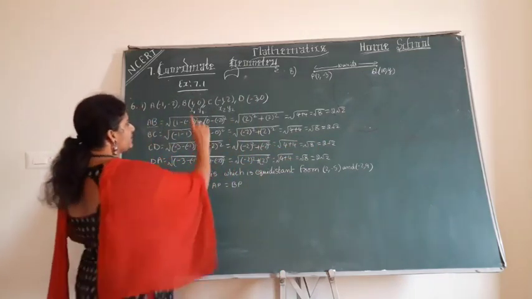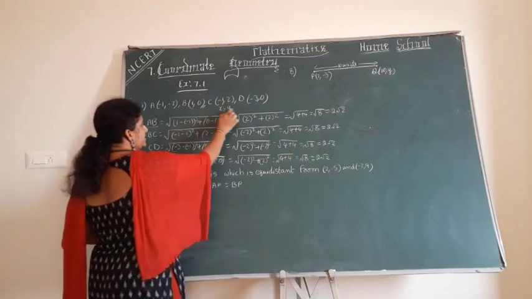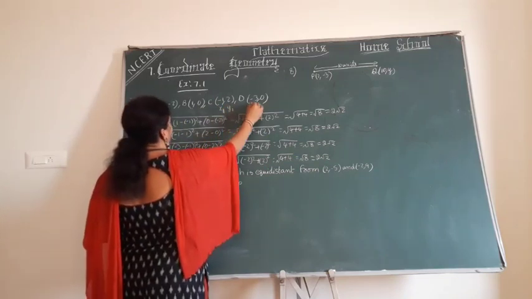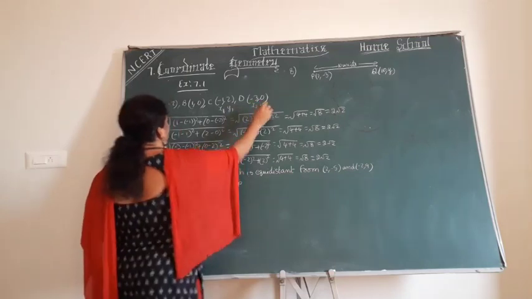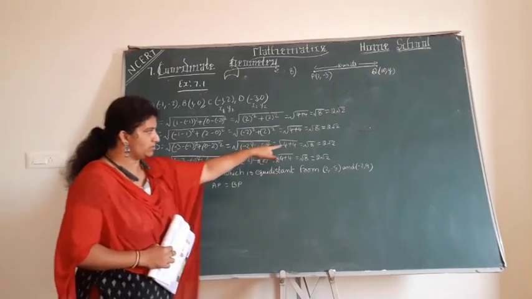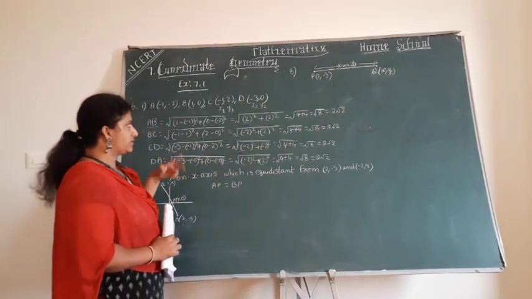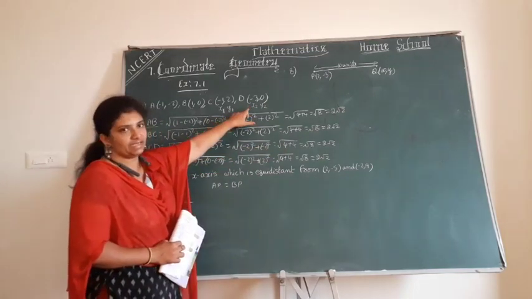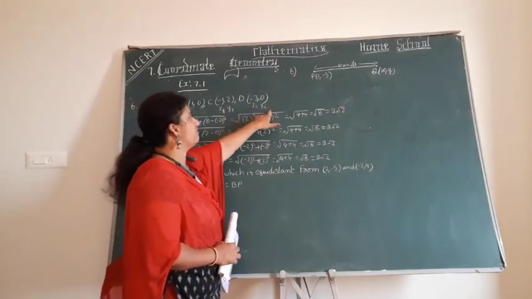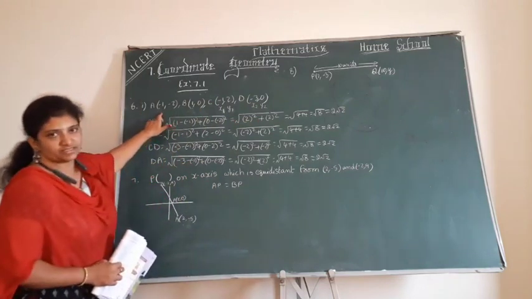Coming to your next step, CD. Take C as x1, y1 and D as x2, y2. Again, the same pattern, and you are going to get 2 root 2. The fourth step will be DA. At that time, you choose the D coordinate as x1, y1 and the A coordinate as x2, y2.